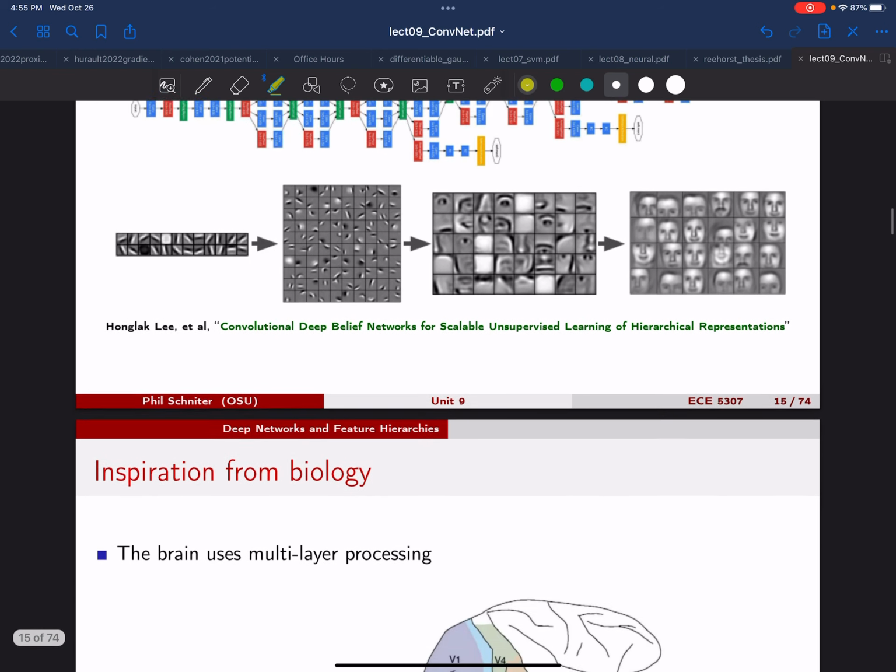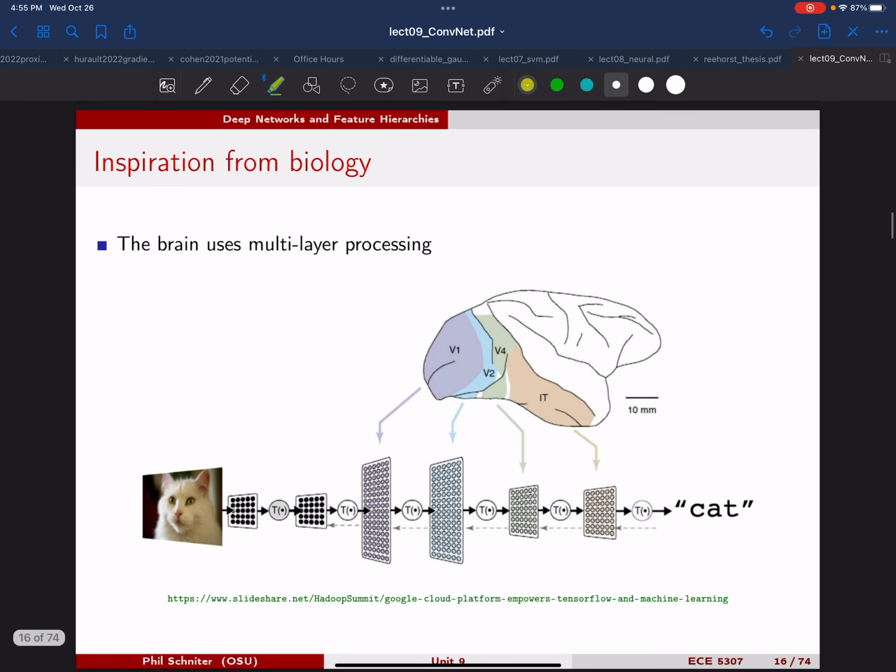So what's very interesting is that biologists who study the brain have found out that the visual cortex works in a very similar way to these neural networks. They think about the brain as having these different regions. V1 is the part of the brain that's connected most directly to your eyes, and then V2 is behind that, and so on. And as you go from V1 to V2 to V4 and so on, the representations get more and more sophisticated.